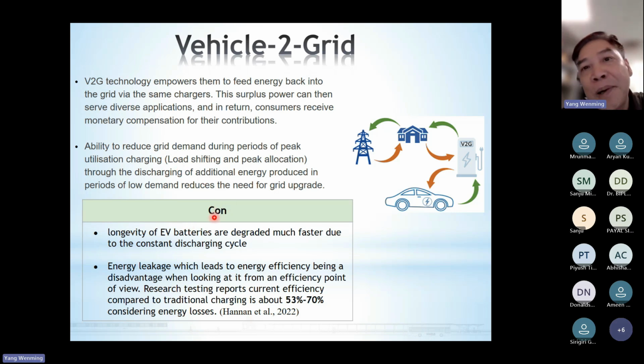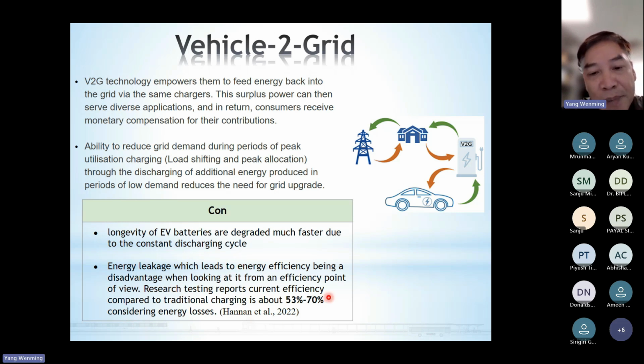However, this kind of technology also has some shortcomings. The major shortcoming is that the electric vehicle battery lifetime will be significantly reduced because of frequent charging and discharging, correct? So this can easily damage the battery system. It also has serious energy leakage, which can result in an energy efficiency drop.